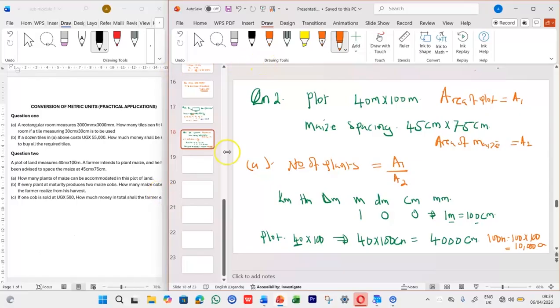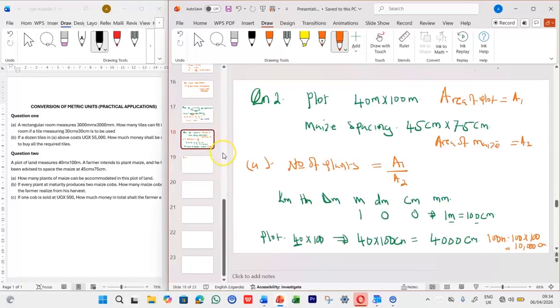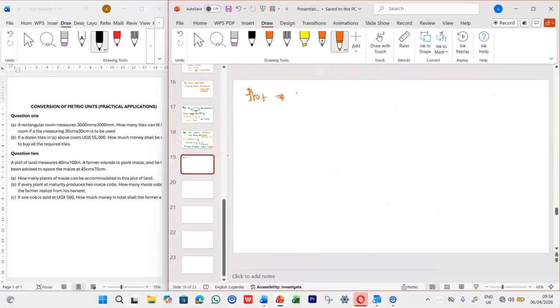So in centimeters, our plot measures 4,000 centimeters by 10,000 centimeters.